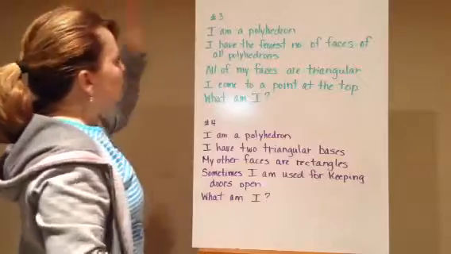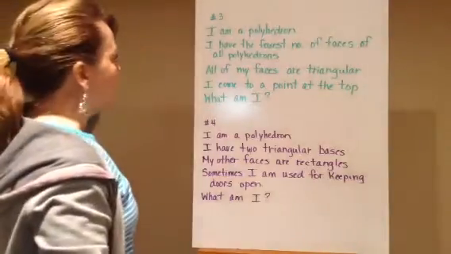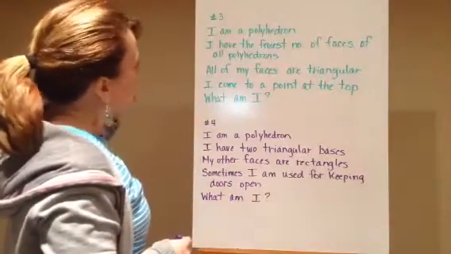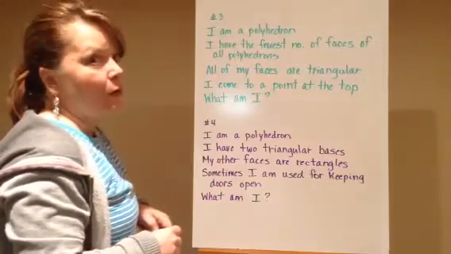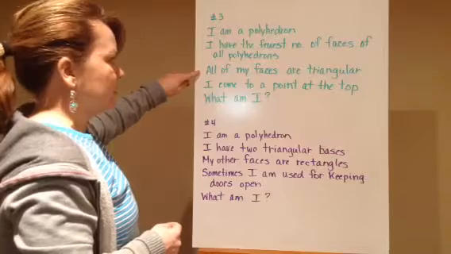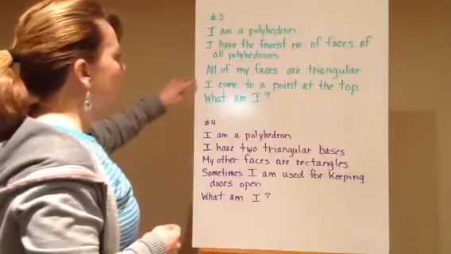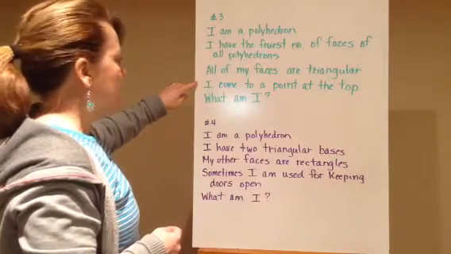Take a look at number 3. I threw a new word there. Polyhedron. I think that was a vocab word I just gave you. I have the fewest number of faces of all polyhedrons. All of my faces are triangular. I come to a point at the top.